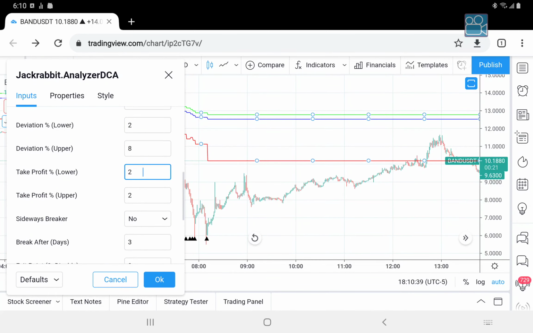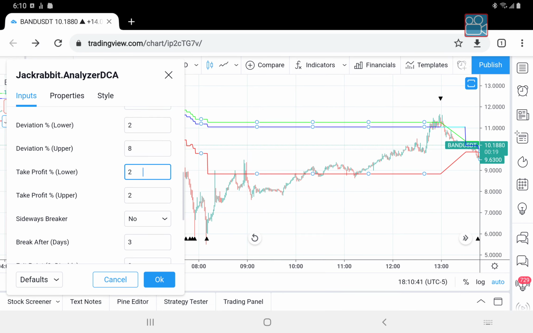Now, my take profit for small trades, 4%. I want my take profit at 4% if it's within a very close number to the first purchase. So the fewer the purchases, the higher I want my profit.